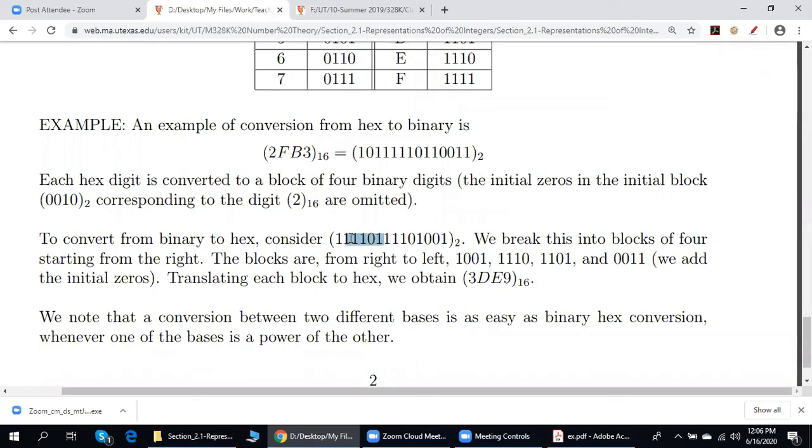Block of 4, done. But now over here we have only 2 digits. Since instead of 4 we have only 2, we put two initial zeros to create block of 4 again. And then we replace this by 3, this by D, this by E, and this by 9. Done.